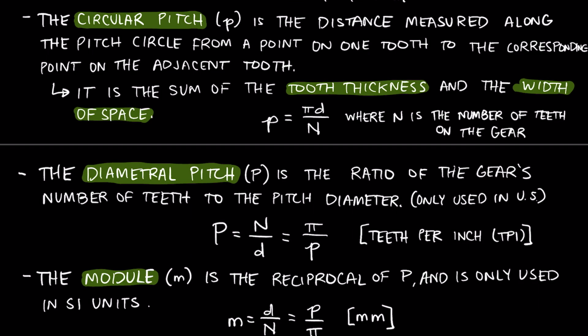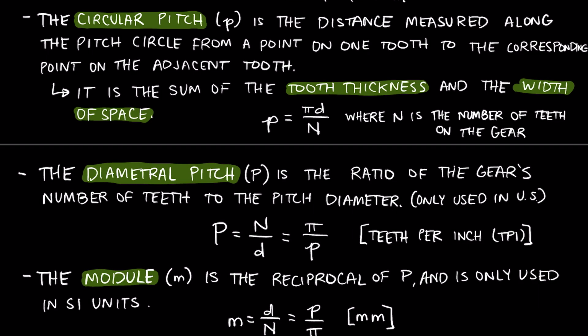So it is the ratio of the pitch diameter to the number of teeth on the gear, or the circular pitch divided by pi, and it will be given in units of length. It's only used in SI units, so those units will likely be millimeters.